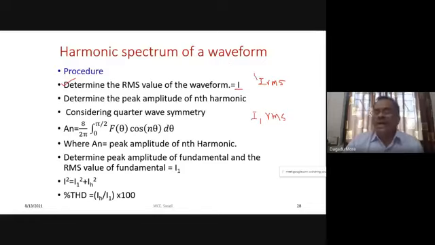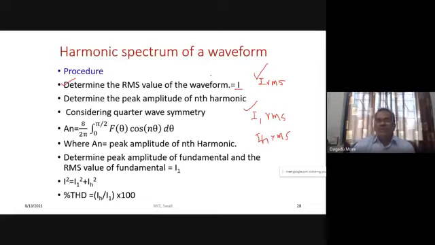Once you know the IRMS and the I1 RMS, then you can find out the harmonic current RMS value, IHRMS.